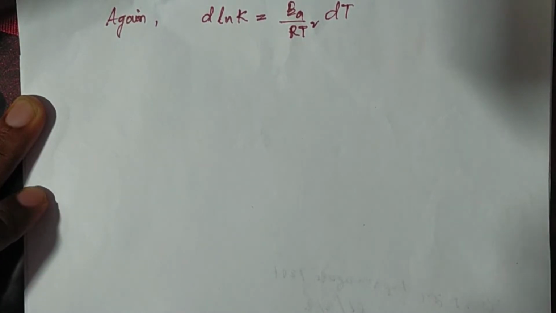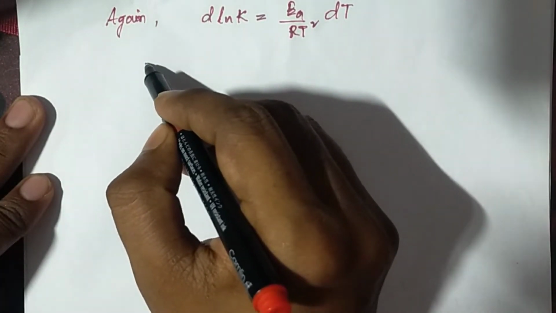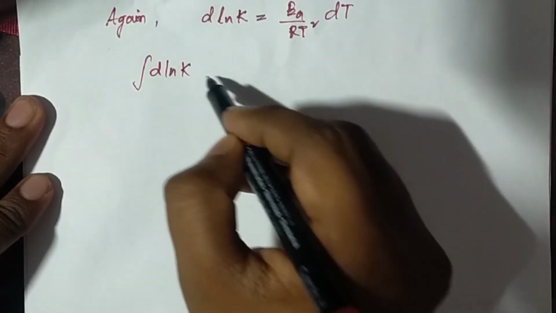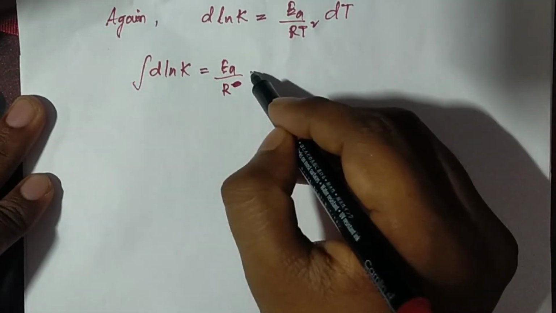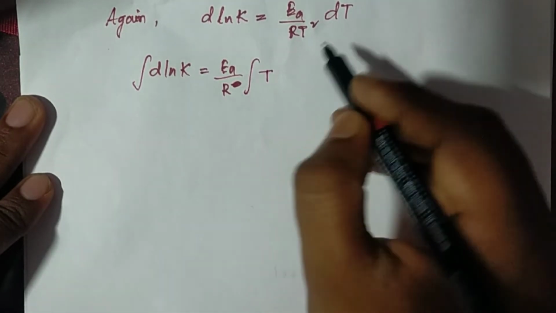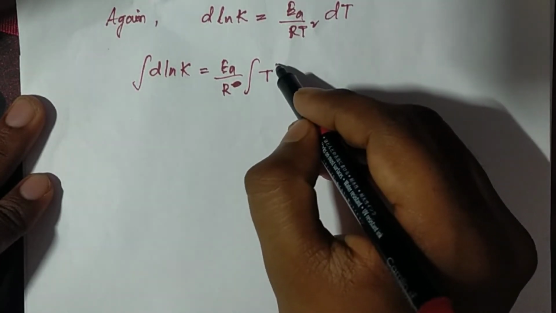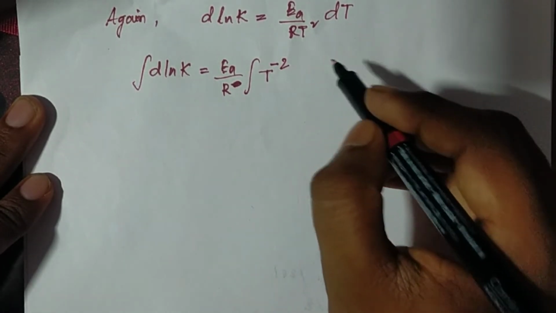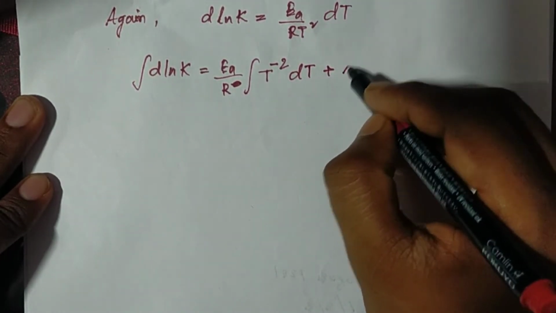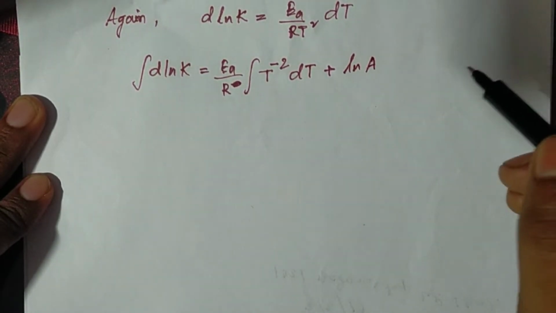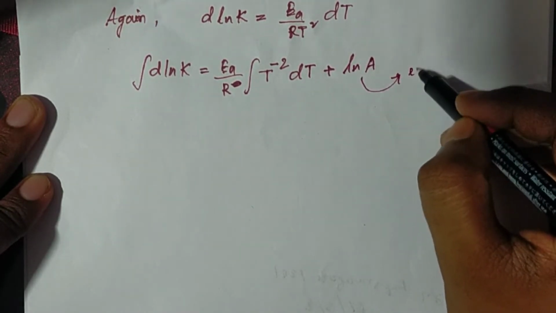When we integrate this equation, we get ln K is equal to minus EA by R times 1 by T, as T square becomes T to the power minus 2, plus an integration constant, which is ln A. A is the constant of integration, and this ln A is the integration constant.